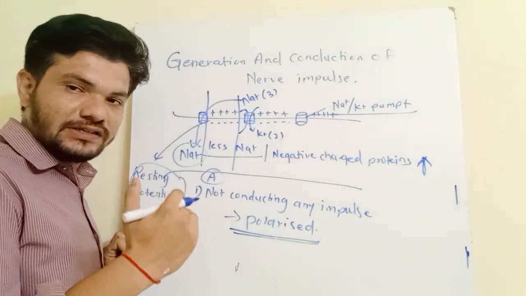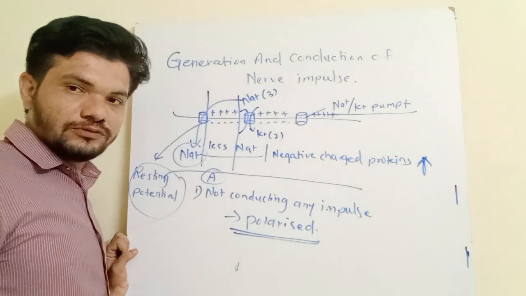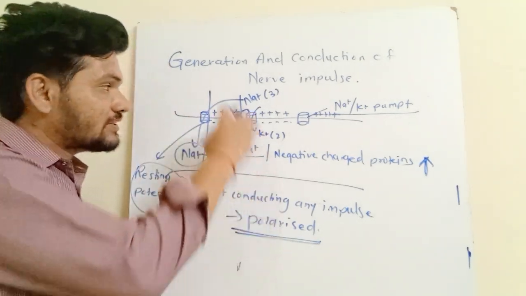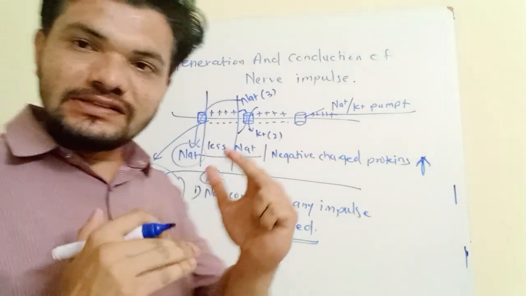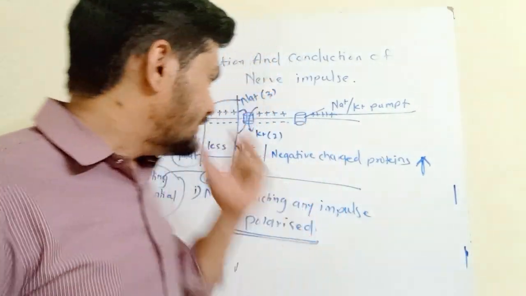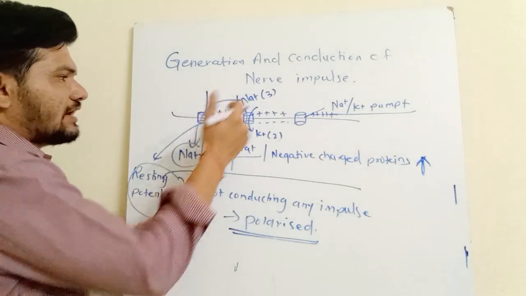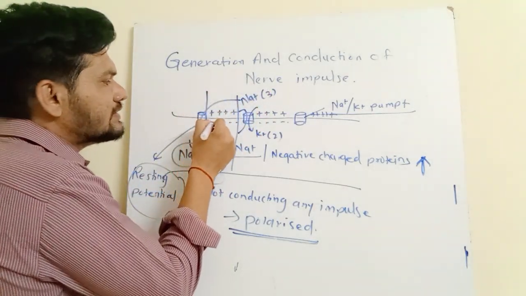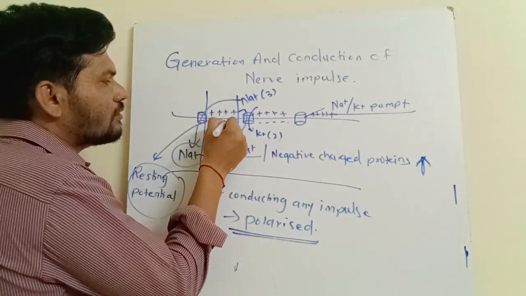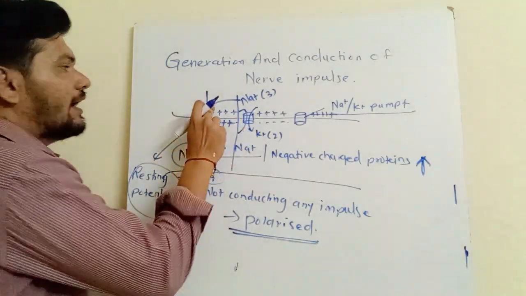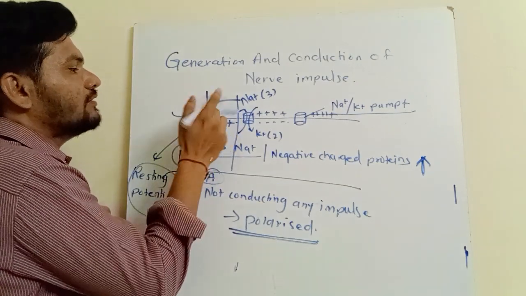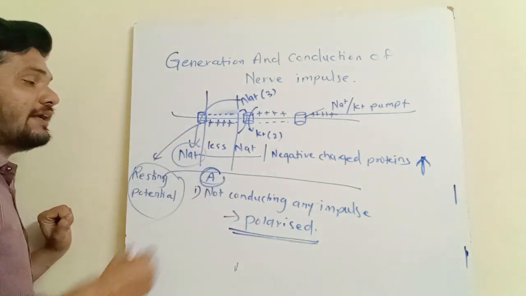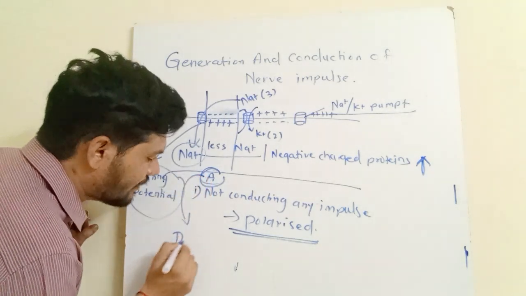The electrical difference is positive outside, negative inside whenever it is polarized, but whenever stimulus is applied, the electrical difference is reversed. Because of the rapid influx of Na plus ions inside the axon, this site becomes positively charged inside and simultaneously negatively charged outside. So at site A, the polarity is reversed, so it is depolarized.